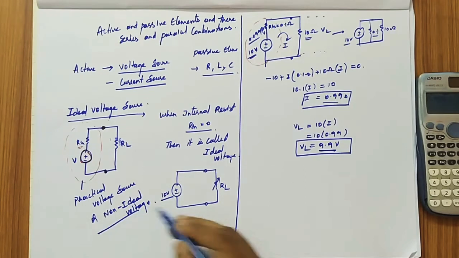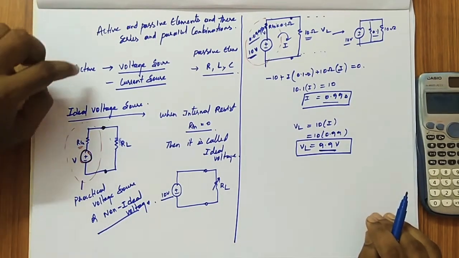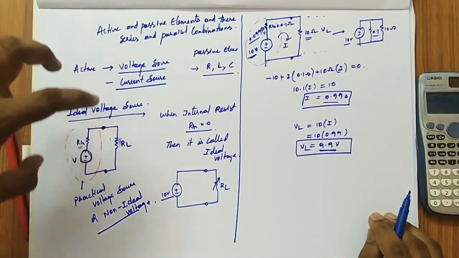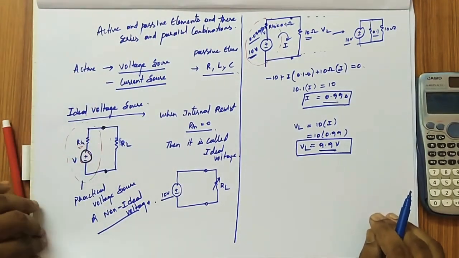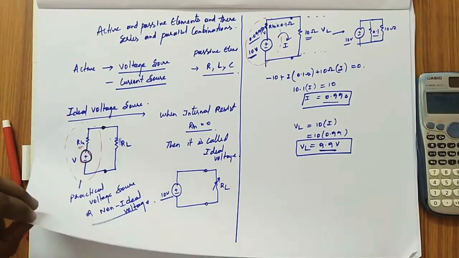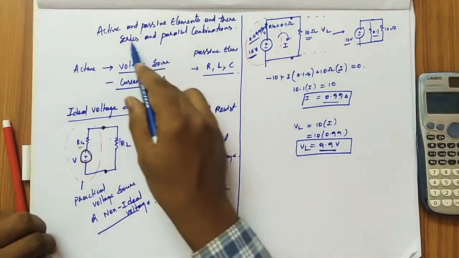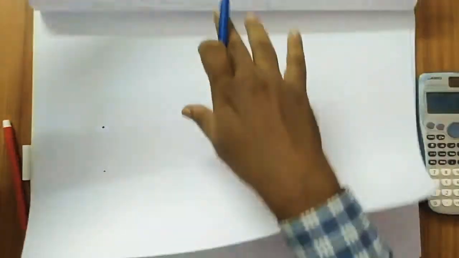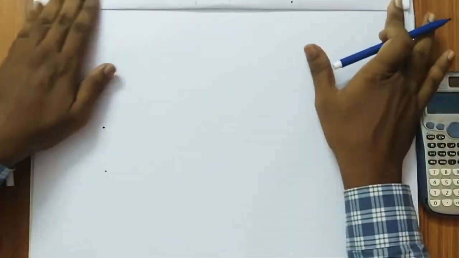Okay. Now this is about the active element, the voltage source. Now we'll see the combination of voltage sources in series and parallel. Okay. The combination is the heading I kept now. What is the parallel and series combination? Okay.